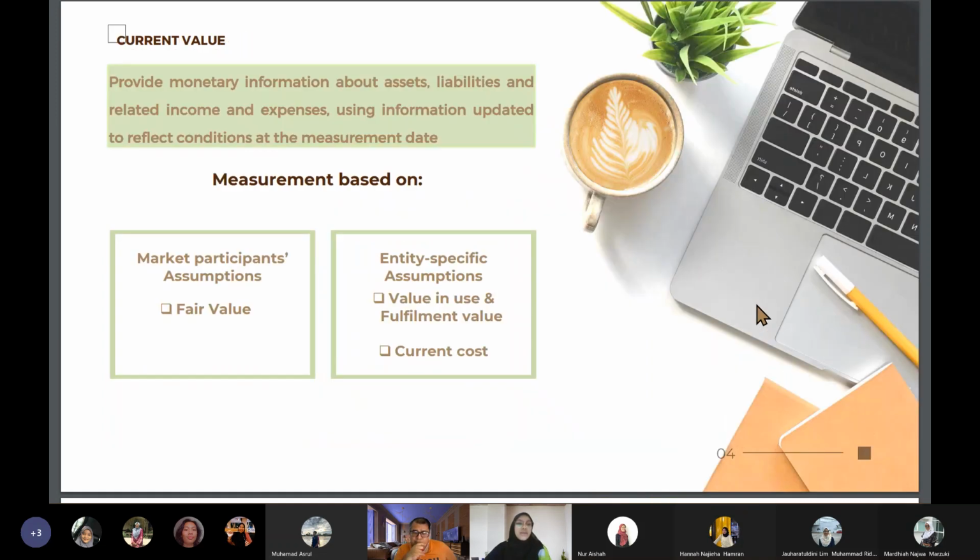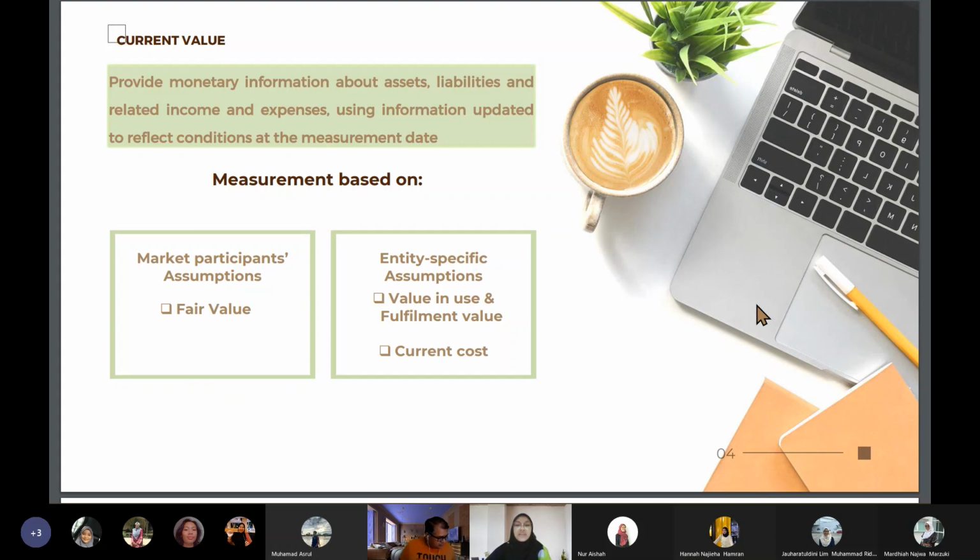So here we go to the current value. What is current value? This is the information provided for the current value, as it provides monetary information about assets, liabilities, and related income and expenses, using information updated to reflect conditions at the measurement date, where the measurement based on market participants' assumptions is fair value.